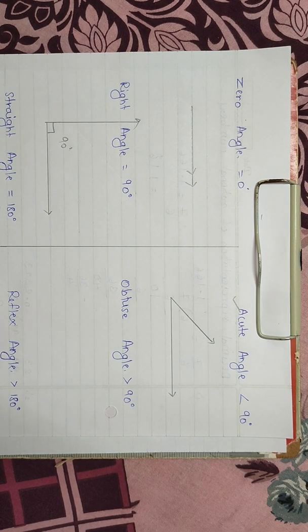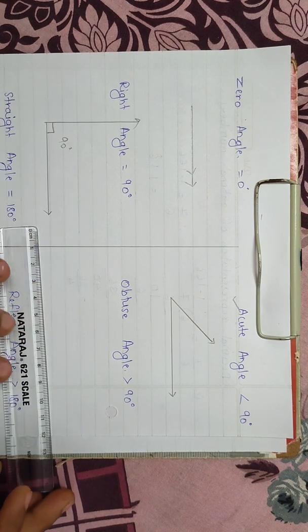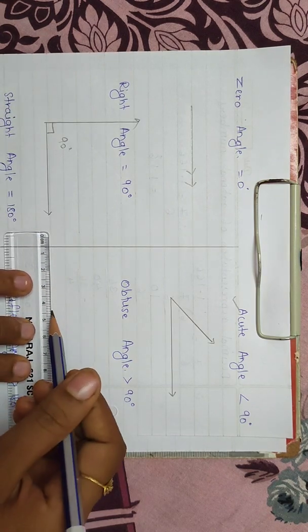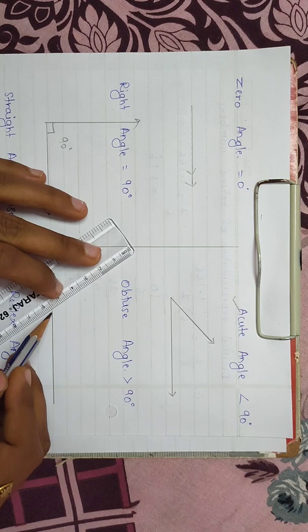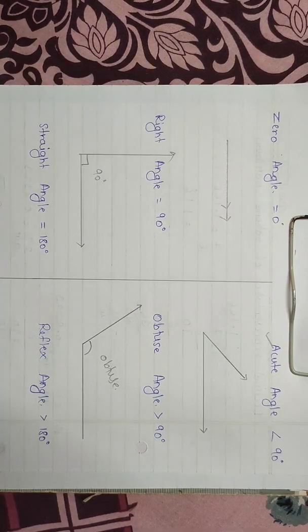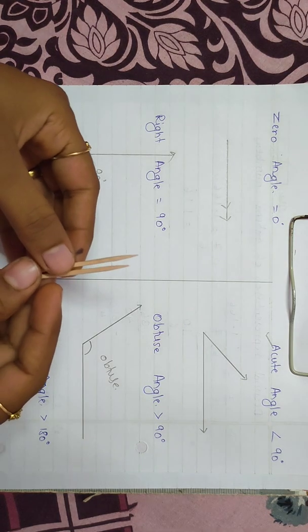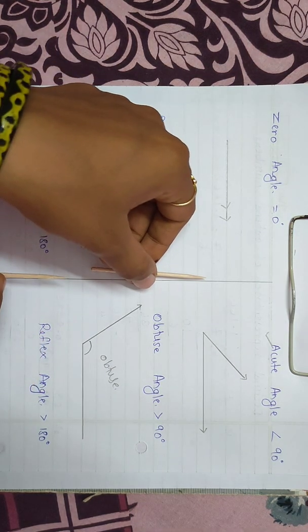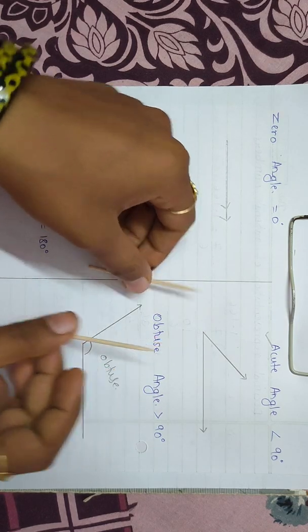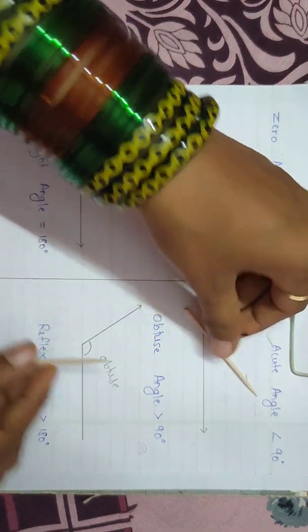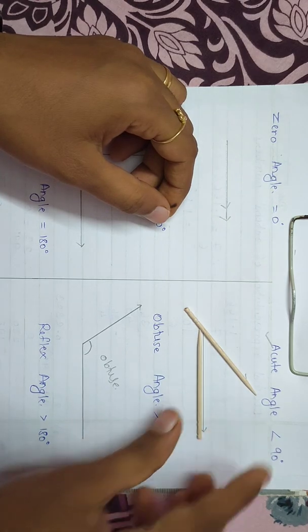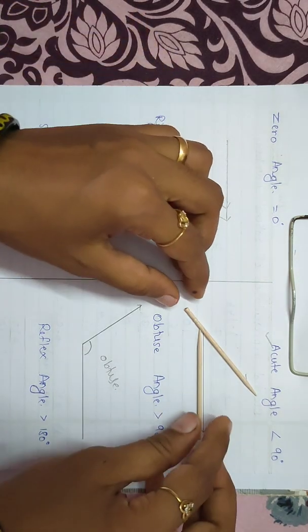Third one is obtuse angle. Obtuse angle is always greater than 90 degree. Now to keep in mind which one is acute, obtuse and right, I have taken two toothpicks here. This is for example one line, this is another line. Angle less than 90 degree is acute angle.